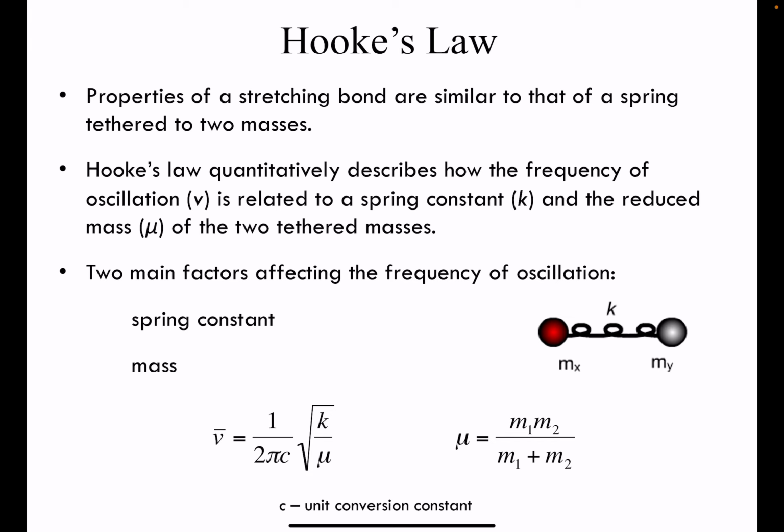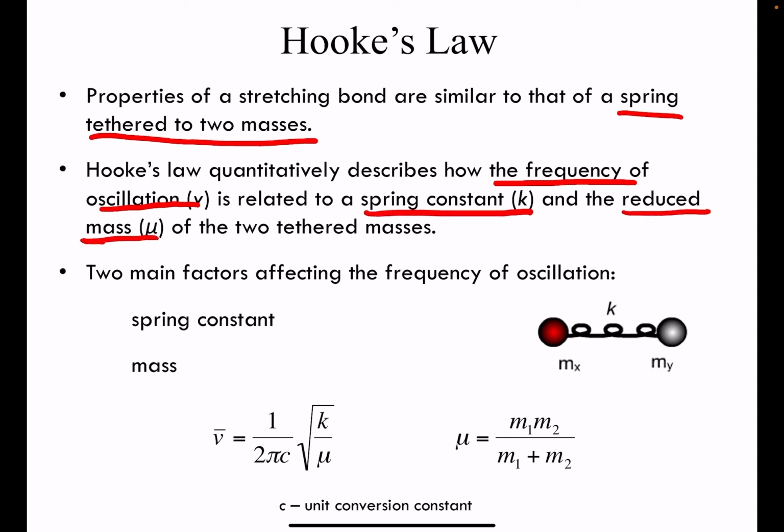Hooke's law speaks to the properties of a stretching bond and how they're similar to that of a spring tethered by those two masses. So the quantitative aspects here of Hooke's law is that it can relate the frequency of the oscillation of that spring related to a constant for that spring and what's called the reduced mass, mu, of the two tethered masses.